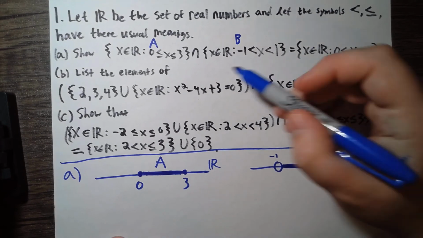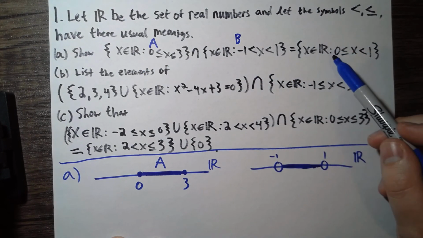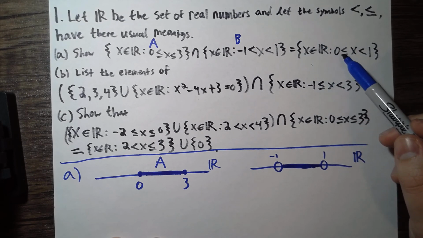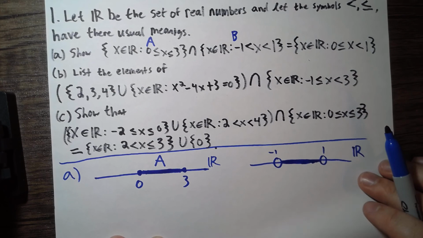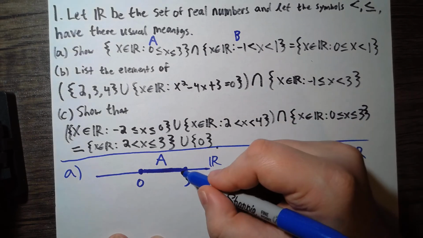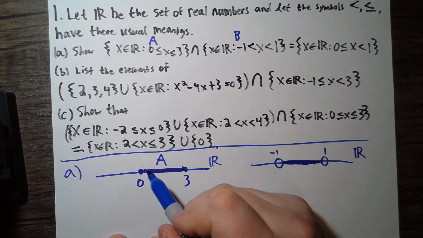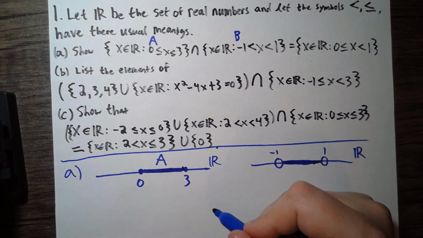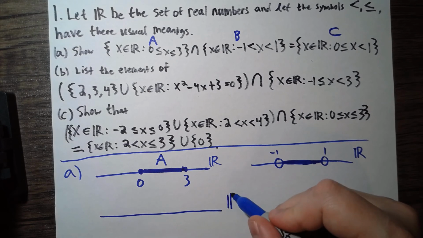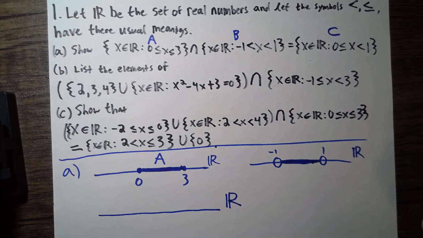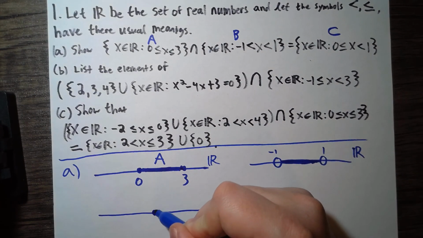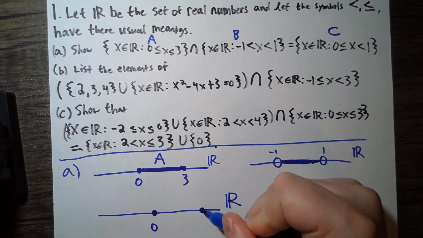And so we want to show that when we intersect these, it's equal to the set of real numbers which are greater than or equal to 0 and less than 1. All we want to do is figure out which real numbers lie in both sets. I'll call this C. So if we consider the real numbers, and maybe I'll use some red as well, this is 0 and this is 3.